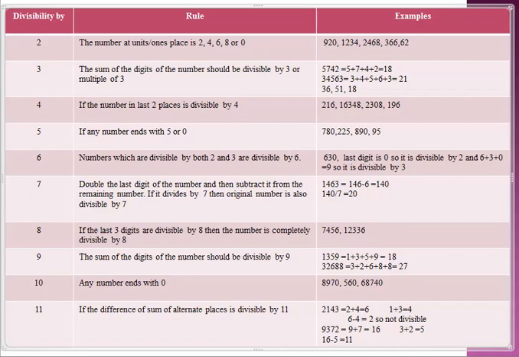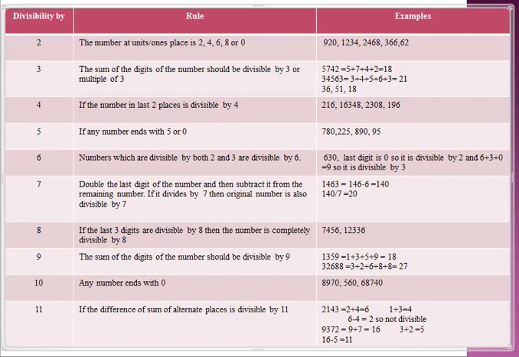If the child knows 2 to 12 tables, then well and good. Or if the child can do up to 18, 19 tables, it will be easier for the child to understand and grasp, and it will speed up the process of division and multiplication.